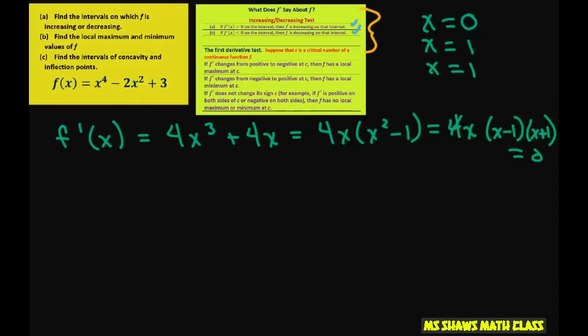So what we're going to be doing is looking at a sign test. You put these in order: negative 1, 0, and 1.